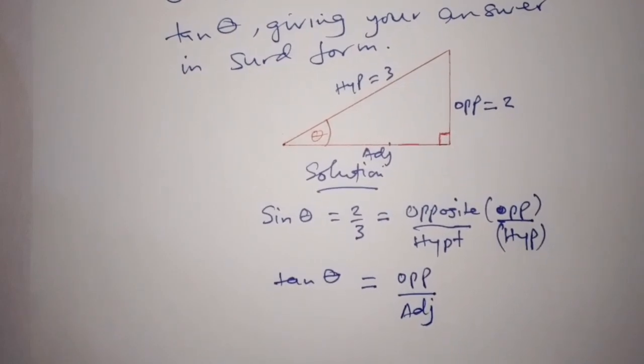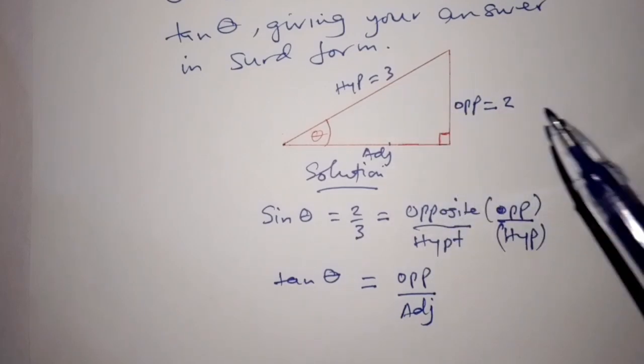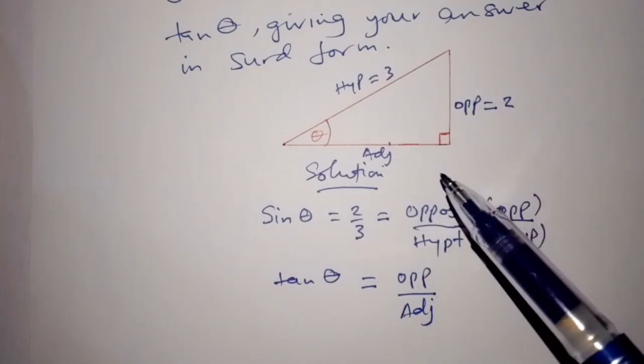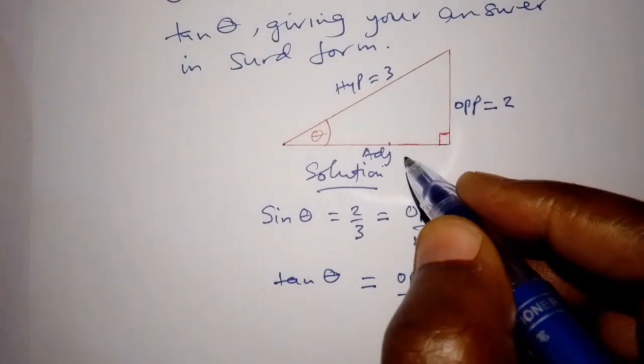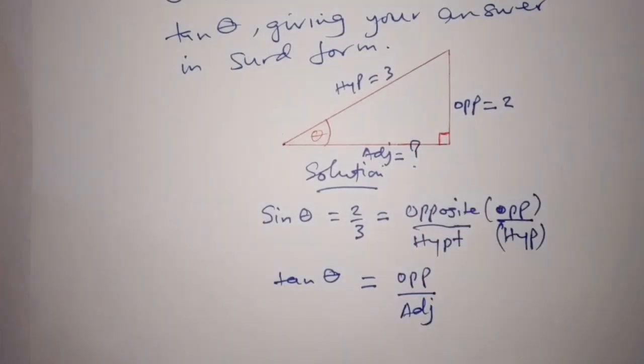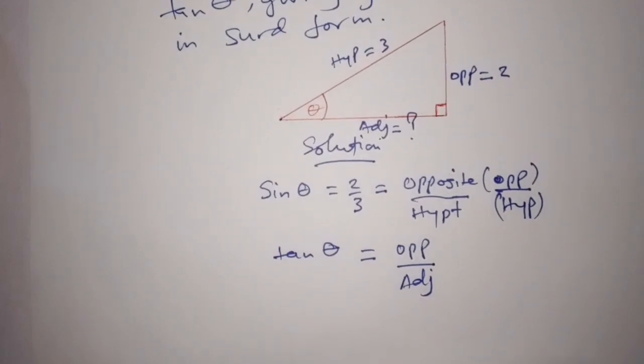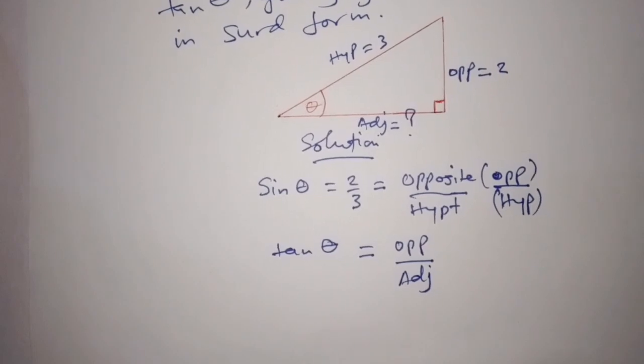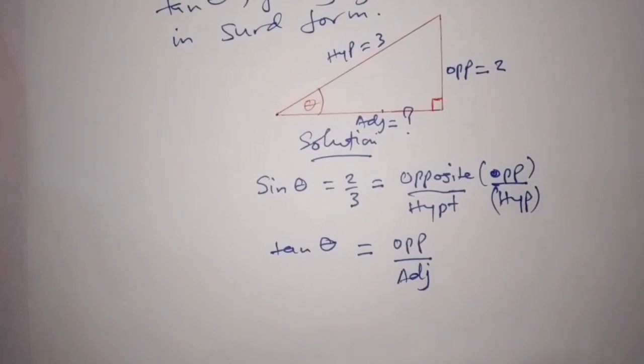So now we have been given the hypotenuse to be 3, the opposite to be 2, but we have not been given the size of the adjacent. So we want to find the size of the adjacent, and we are going to apply Pythagoras theorem in order to get it.